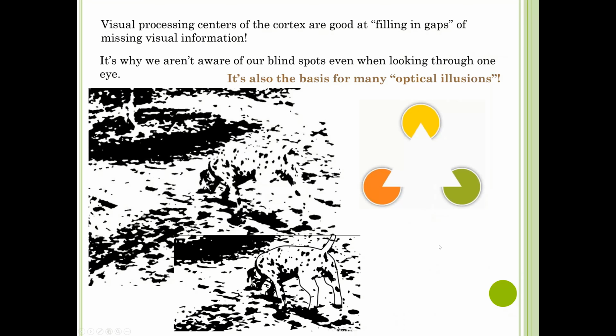It's also why illustrations like this make us believe there is a triangle there, but there actually isn't a triangle there. There are 3 circles that have a pie slice cut out of them, but because of the way they are oriented to each other, our brain wants to fill in the missing information and insist that there's a triangle there.